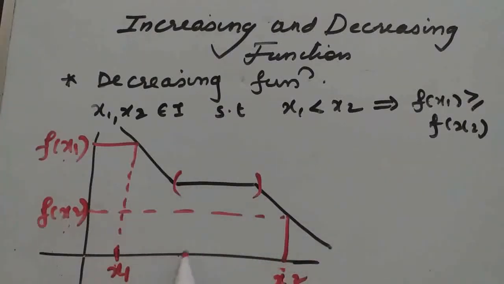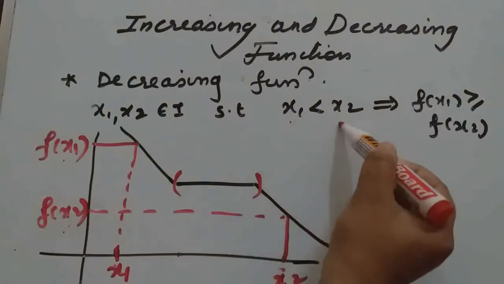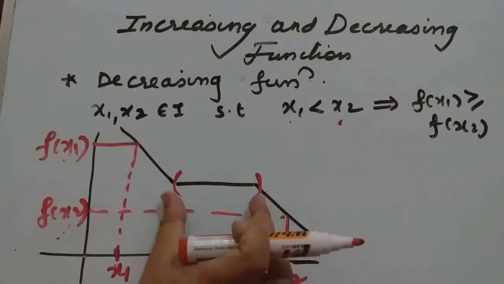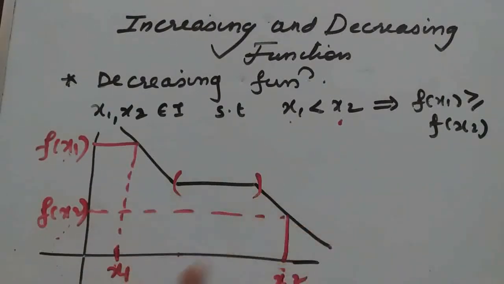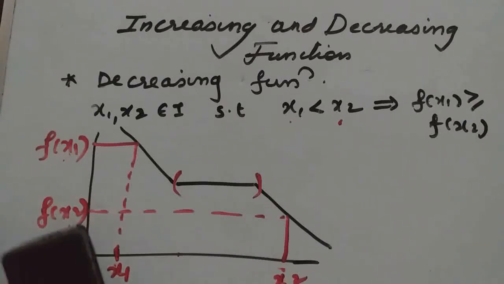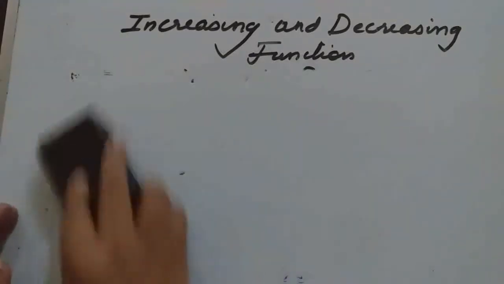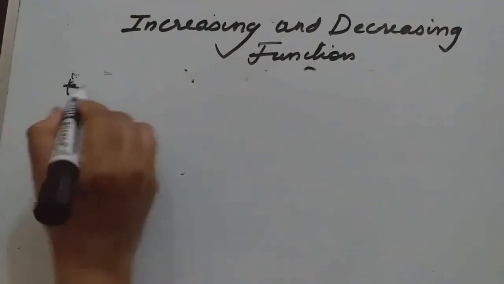Okay, so here we can get the values of x1 and x2 such that x1 is less than x2, but the f of x1 and f of x2 values we can get equal in this particular area. Okay, so that's why this function is a decreasing function. Now then, what will be the strictly decreasing function? Strictly decreasing.